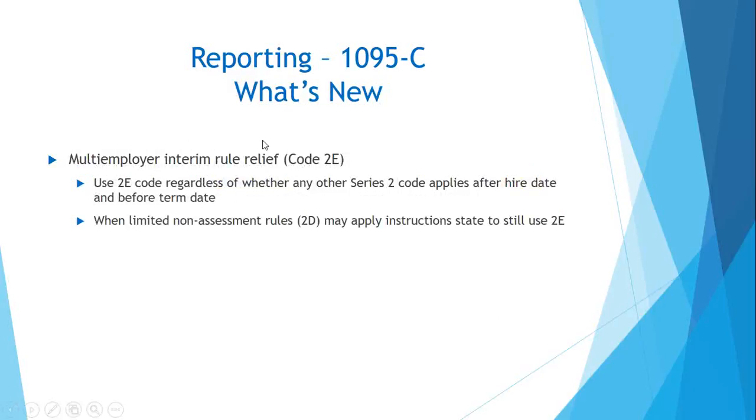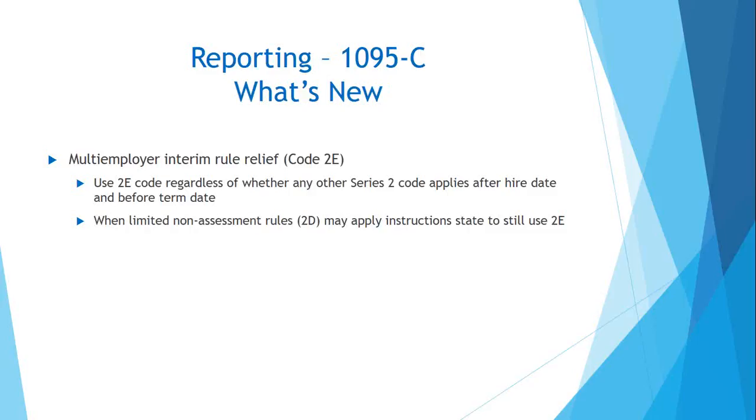If you have union employees, there is still the interim relief rule for you, which is code 2E, and you use 2E regardless of whether any other code applies after hire or before term date. So I previously mentioned that when an employee is hired, in their first month you can use 2D as in dog because it is a limited non-assessment period.